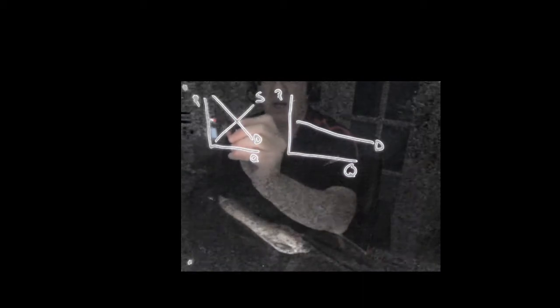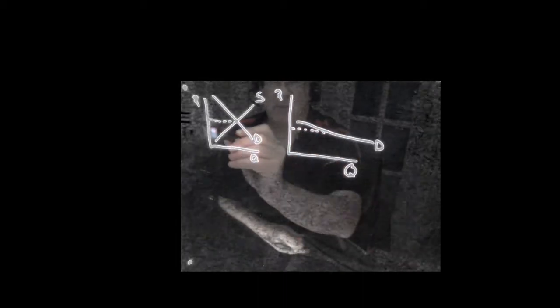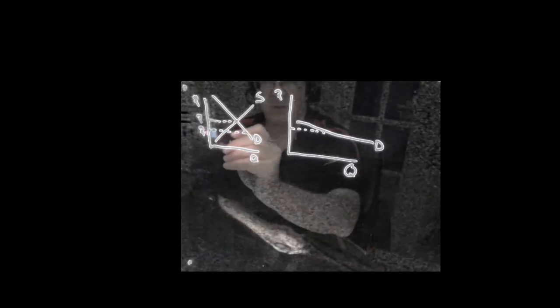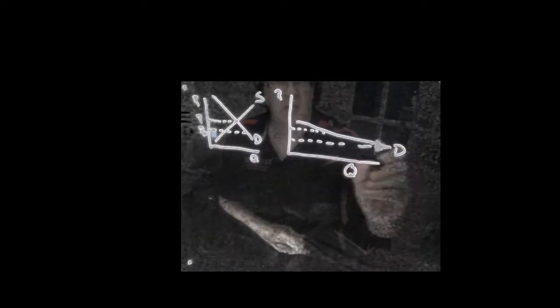By that we mean if the price changed from this price, we'll pick the same price, and dropped to this price, we'll call this P and P sub 0, there is a much bigger change in quantity.